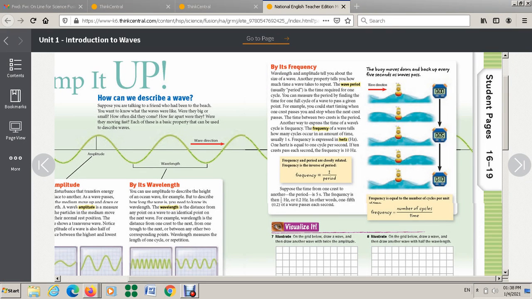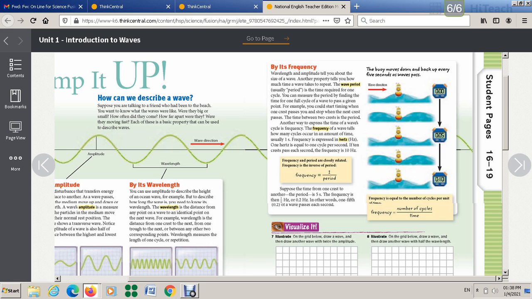Let's take this example which is given in your book. Suppose the time from one crest to another, the period, is 5 seconds. Maybe I'll give you something like this in the exam. The frequency should be what? 1 over 5 hertz, because we take 1 over period, so 1 over 5, or 0.2 hertz, the same.